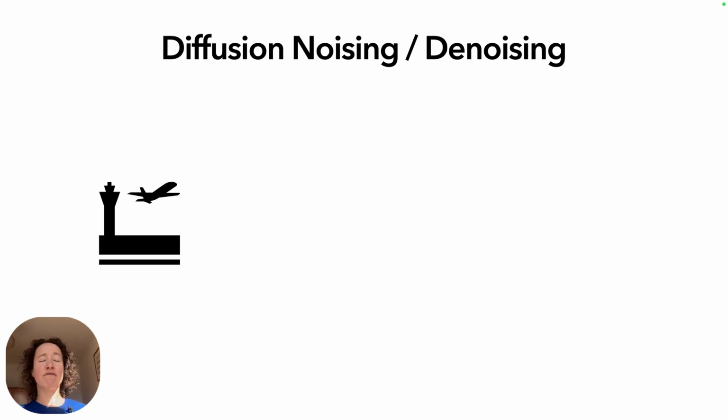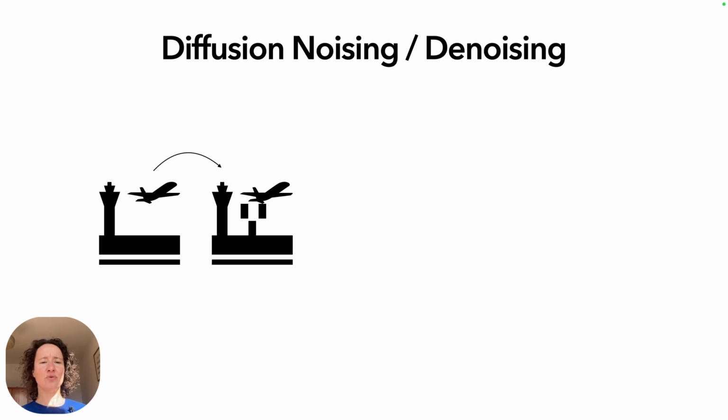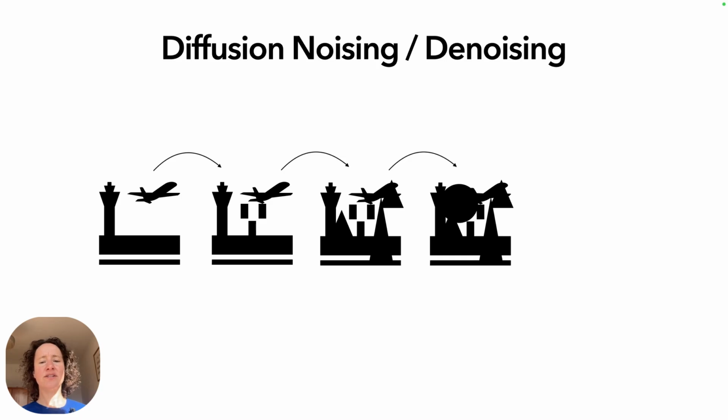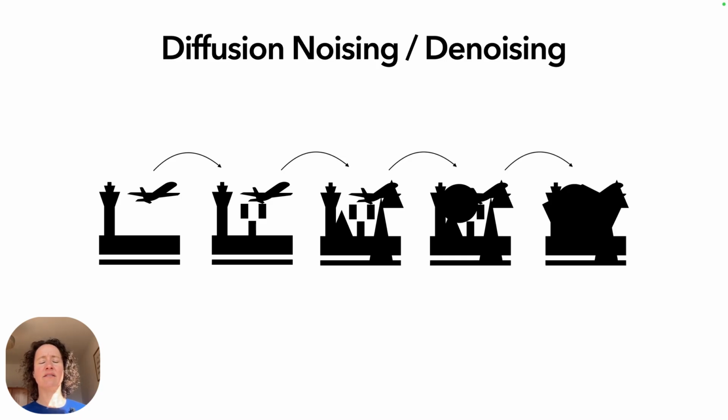So the diffusion forward pass was we take an image, here an example imaginary image of a plane taking off at an airport, and then we do one time step and we add noise. Another time step, add more noise. Another time step, add more noise. Final time step, most noise.